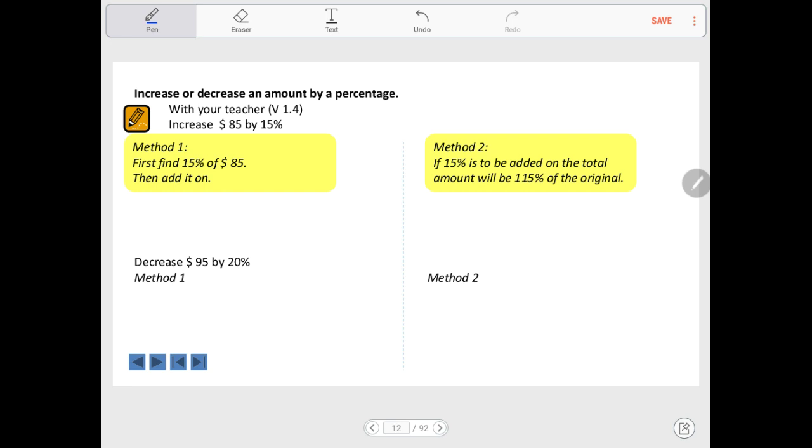Okay, so method 1, we're going to increase $85 by 15%. So in this one, first we need to find 15% of 85, so we'll convert that percentage to a decimal, 0.15, and then we multiply it by 85. And 15% of 85 is $12.75. So we want to increase by this amount, so we add that on.